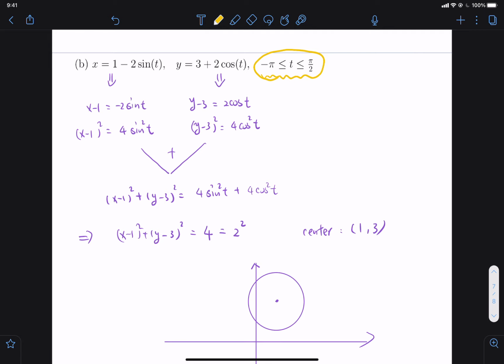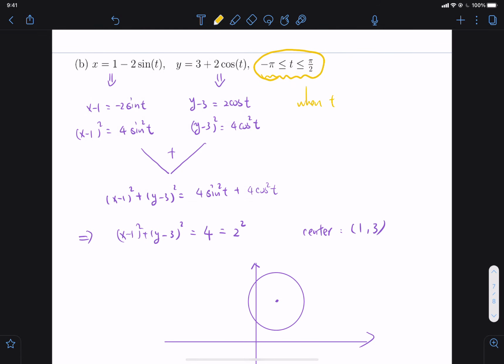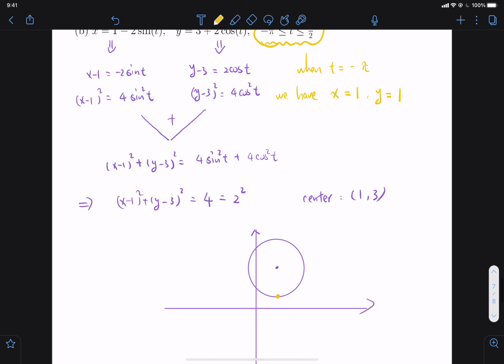So when t is equal to negative pi, we have x equal to 1 minus 2 sine pi, sine pi is 0, so x is 1, and y is equal to 3 plus 2 cos pi, that's negative 1, so negative 2. Y is also equal to 1. So our starting point is here, right? This is 1, 1 to start.